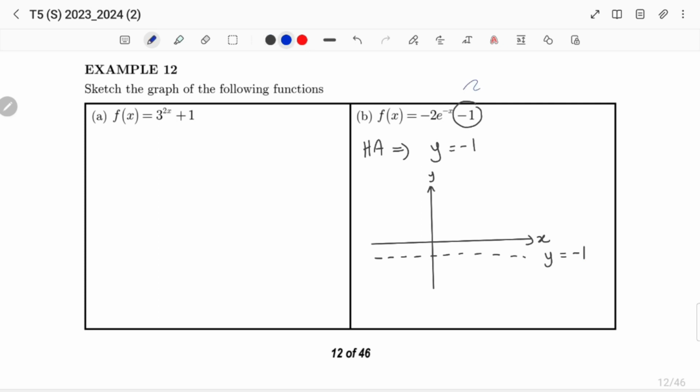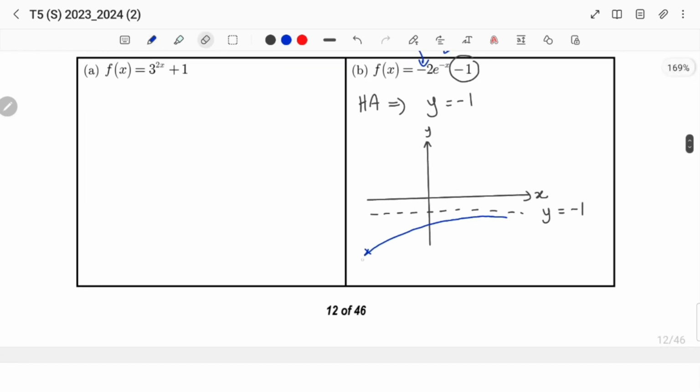And then since our value for x is negative and our value for y is also negative, it's going to start from here until approaching the asymptote. So for the domain, it's going to be all real numbers, negative infinity to infinity, and the range is negative infinity to negative 1, open bracket.